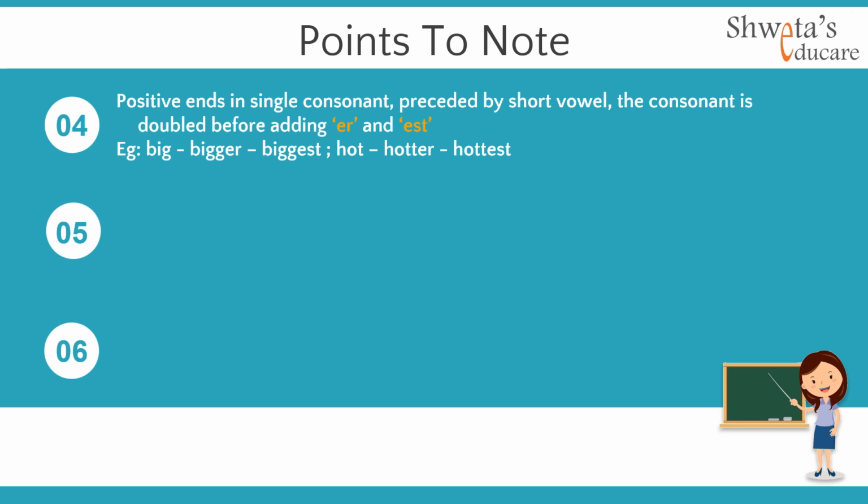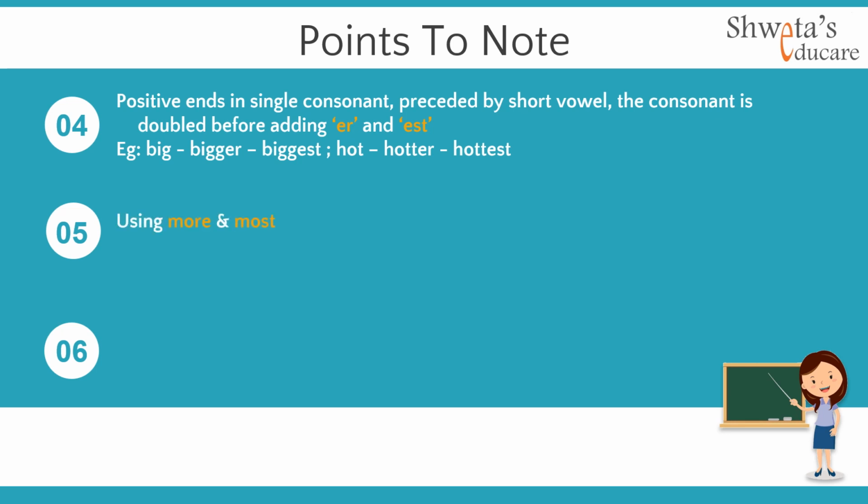I is a short vowel and there's a single consonant G. So whenever there's a single consonant preceded by a vowel, then you need to double the consonant. So it becomes bigger in comparative. The G is doubled, right? And in superlative, it becomes biggest. Similarly, hot, hotter, hottest.